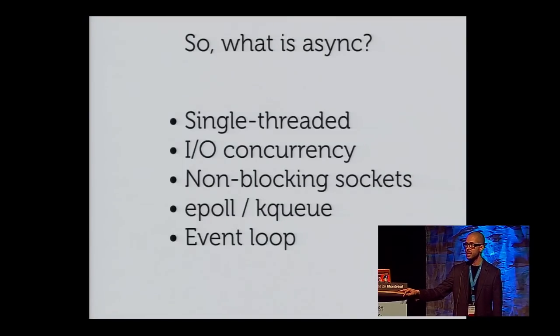And the final thing about async is that it uses an event loop to continuously process new event notifications and dispatch those events to event handlers, which are usually callbacks, but which might also be coroutines and so on. So when a random person says async to you, this may or may not be what that person means, but this is my definition of async.